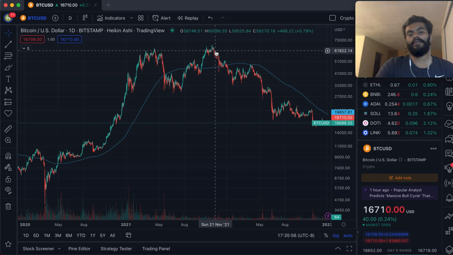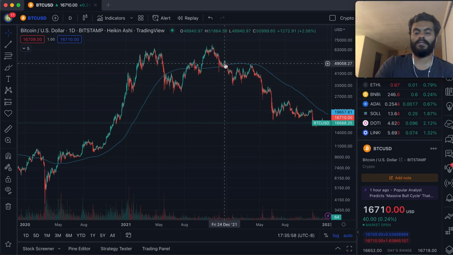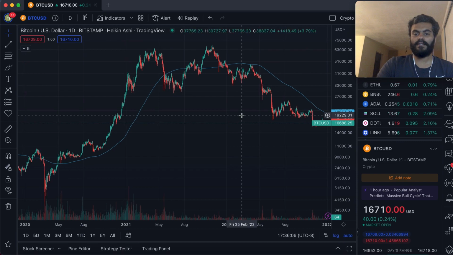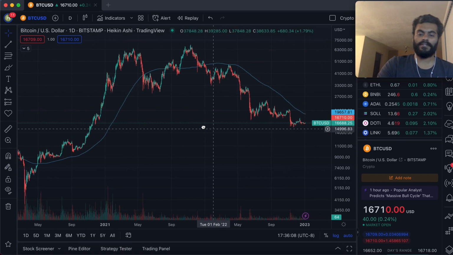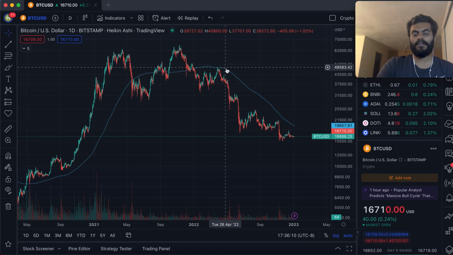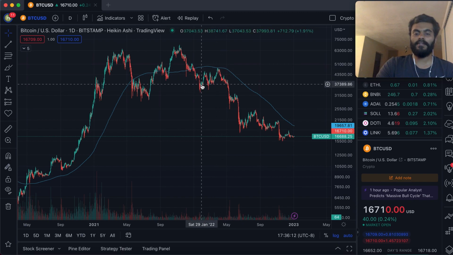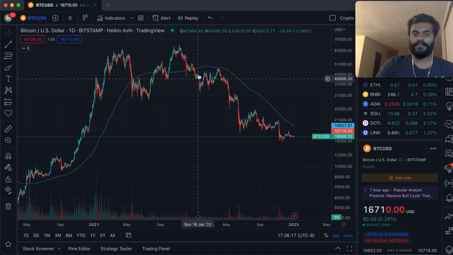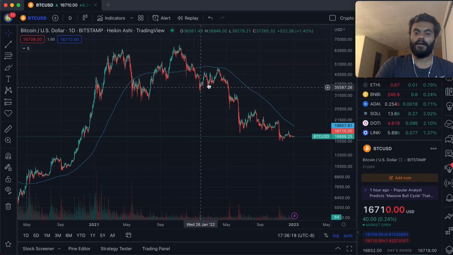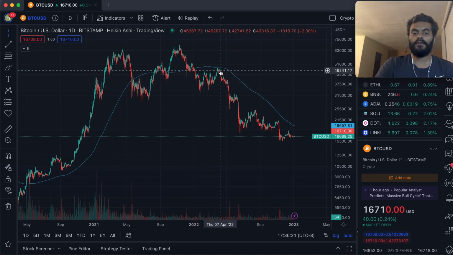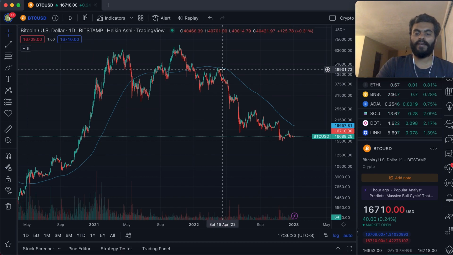But ever since December of 2021, the price has capitulated below the 200-day simple moving average. And you can see that clearly Bitcoin is facing resistance at this 200-day simple moving average. So all the rallies from December of 2021 are getting sold off close to this 200-day moving average.